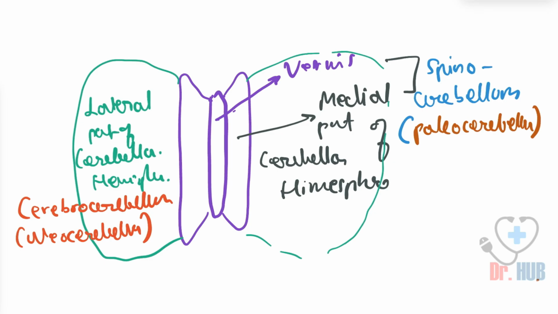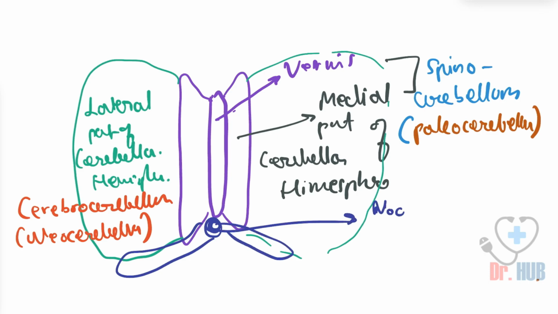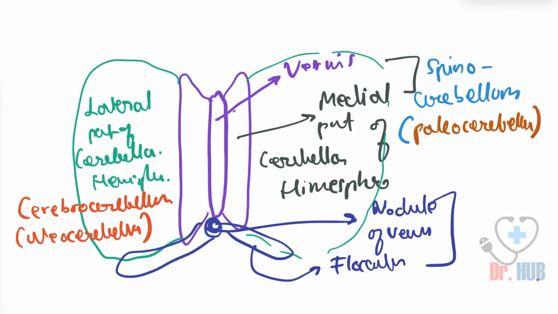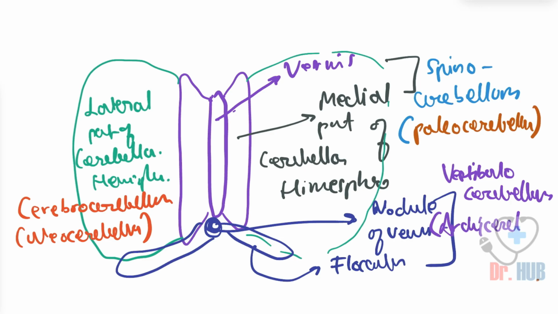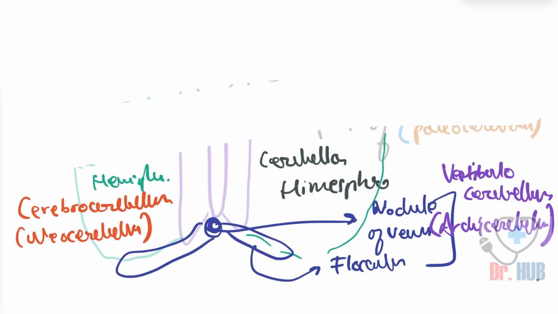Next comes the nodule of vermis. This is the structure at the end. And then this is the flocculus. Both of them combined form the vestibulocerebellum, that is nothing but the archicerebellum. Now this image has to be in our mind as we progress.